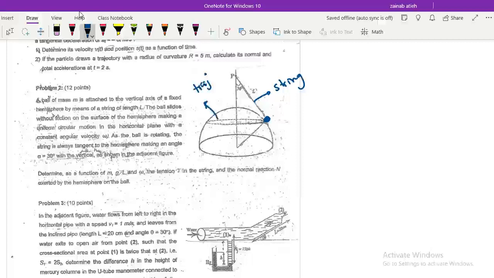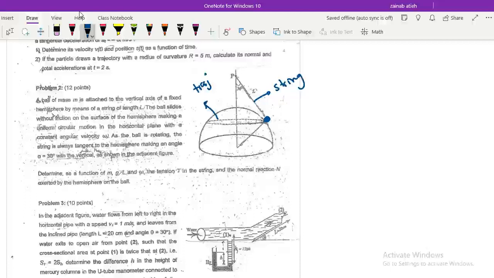It is rotating on a hemisphere. Imagine it as a ball rotating on something round. As the ball is rotating, the string is always tangent to the hemisphere, making an angle alpha equals 30 degrees with the vertical.